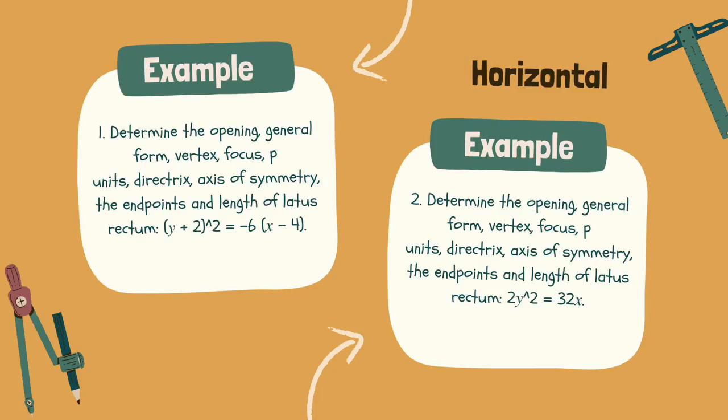And next is: determine the opening, general form, focus, vertex, P units, directrix, axis of symmetry, the endpoints, and the length of latus rectum by using the equations below. So let's solve the following examples.